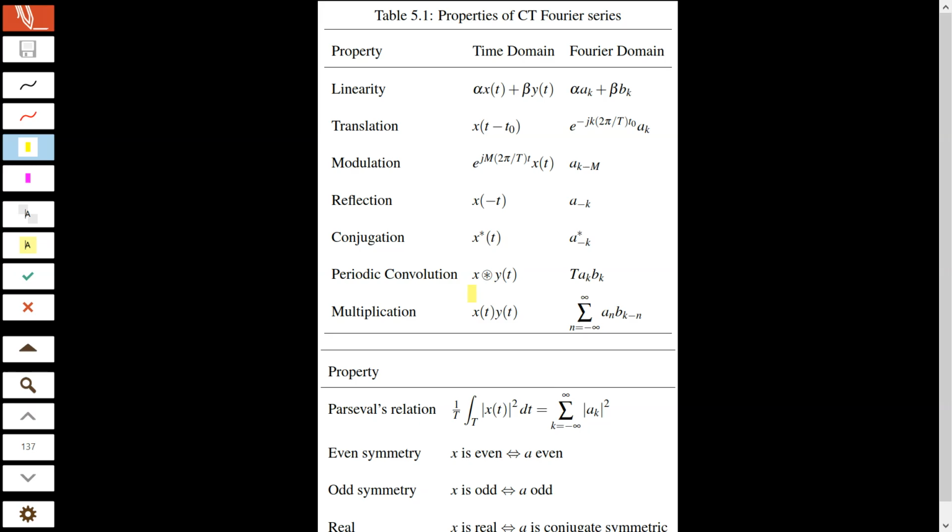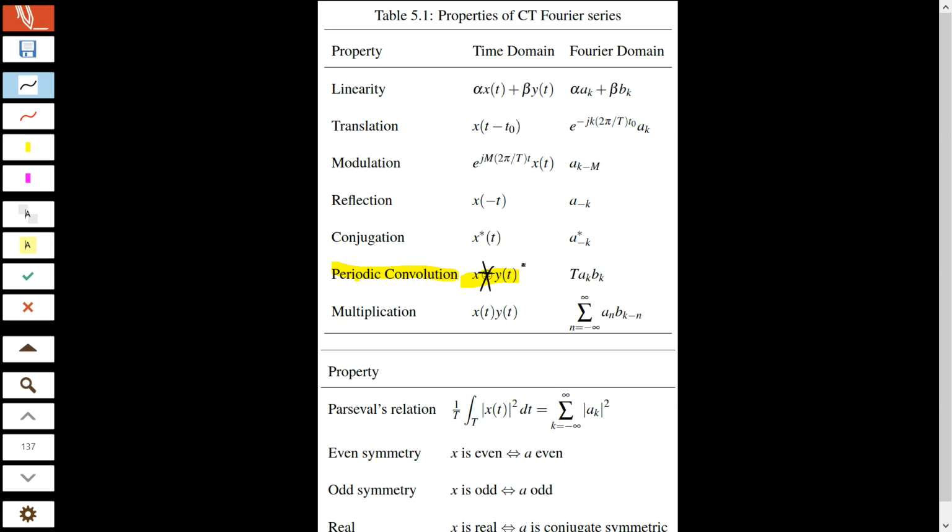So you are telling me that you don't understand this one? Sir, yes, this periodic convolution and the multiplication property. Okay. I told you why this will be a periodic convolution. Because if I replace this with convolution, what will happen? Sir, since the signals we are taking are periodic for the Fourier series, when we convolve the periodic signals, they have infinite energy.